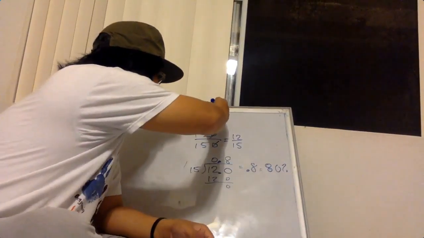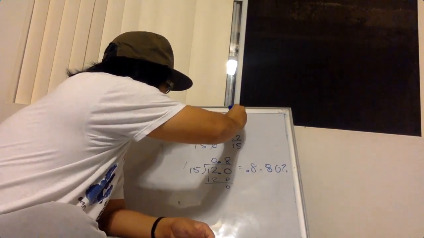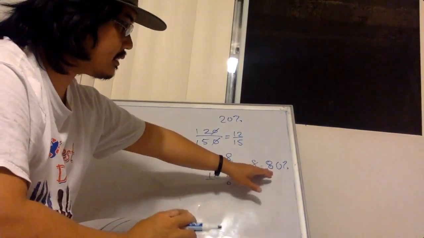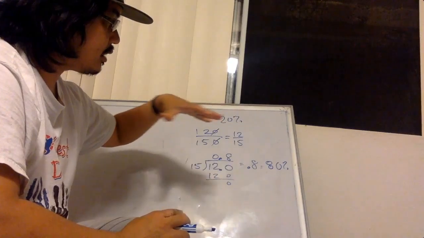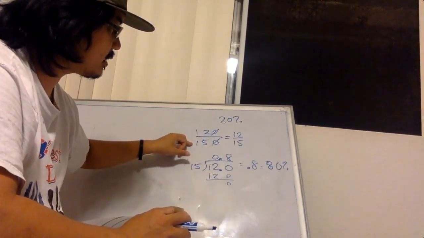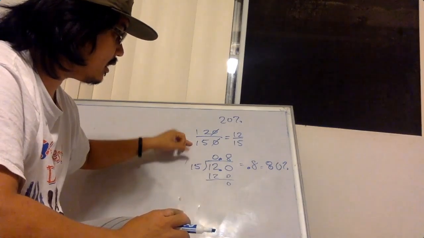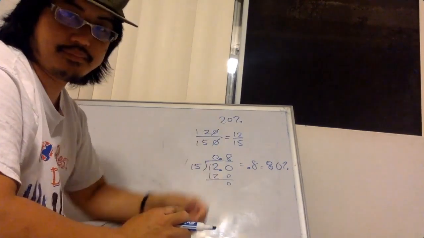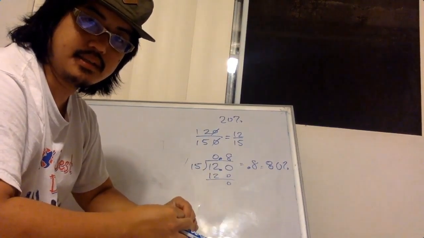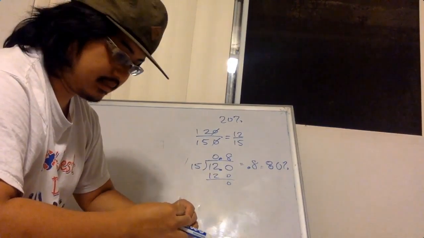So my answer would be 20%. All right? Because 80% is the percentage of the original price it was, or you could say it's actually 20% off, which is the same as saying it's 80% of the cost. Does that make sense? All right.